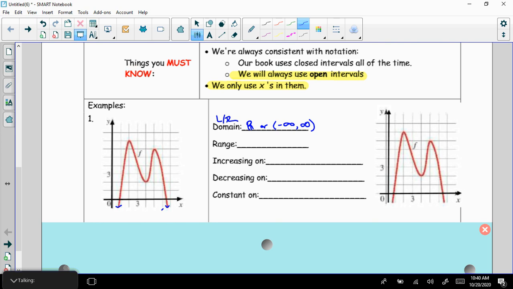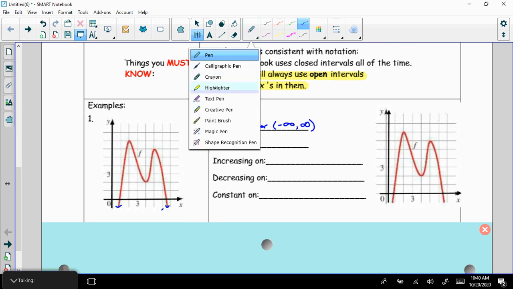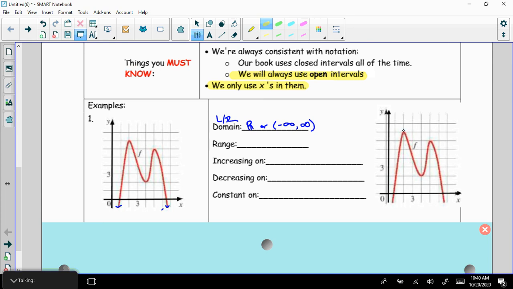Your range, though, you have to find what your high point is when you're looking at your range. Here's the highest point. I'm looking at my y values only. It goes forever in the bottom direction, but it tops out right here.